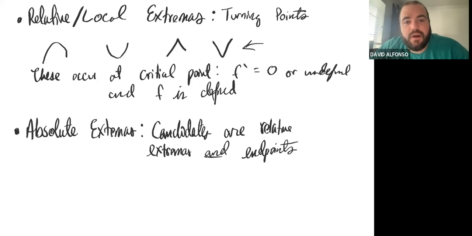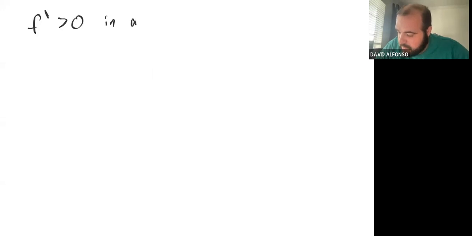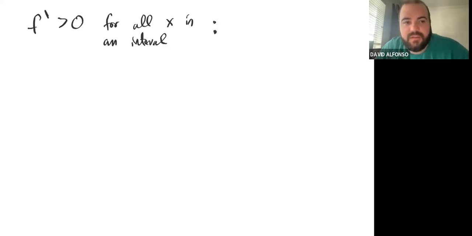Now, we already talked about critical points. Now, this is the key stuff here. If the derivative is greater than 0 for all x in an interval, what could you say about the function?